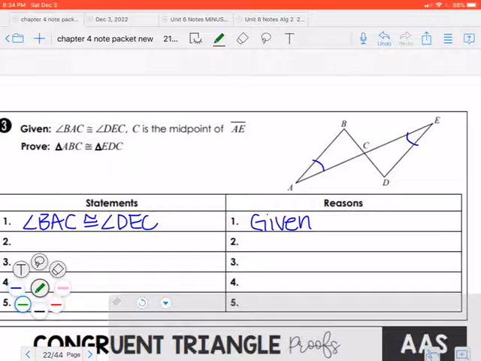Looking here at our two triangles, we just have one pair of angles that are congruent. There's another given though, so let's mark that and talk about that one. C is the midpoint of AE.